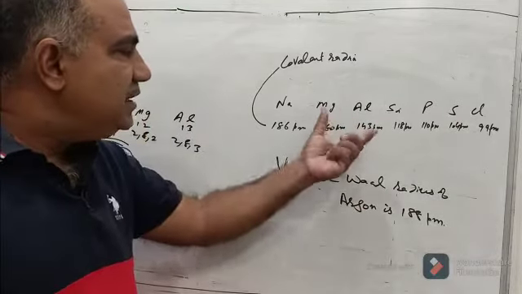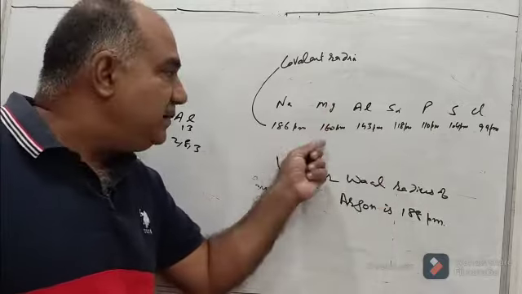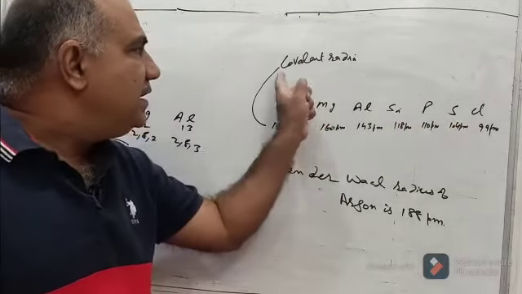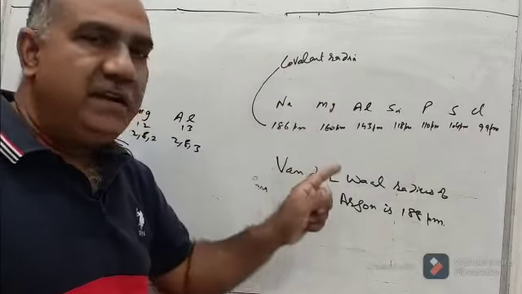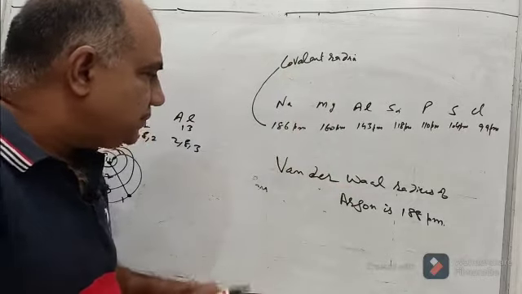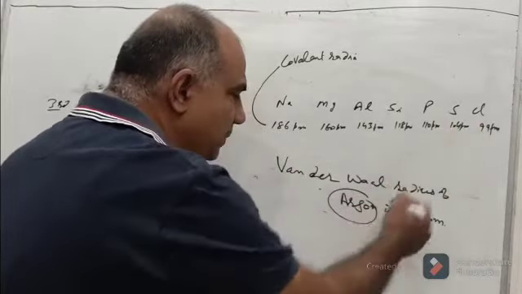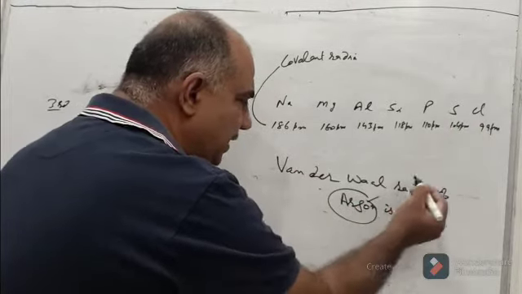The radii of these elements, from alkali metal up to halogens, are referred to as covalent radii. But in case of noble gases, in this particular period the noble gas is argon.